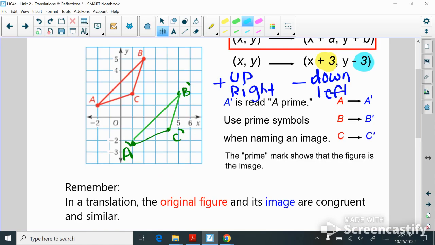We talked about using those prime symbols to show that it's that new image. And here, again, we didn't change the shape or the size of this figure. So these shapes are congruent and they're similar. So a translation results in a figure that's both similar and congruent.